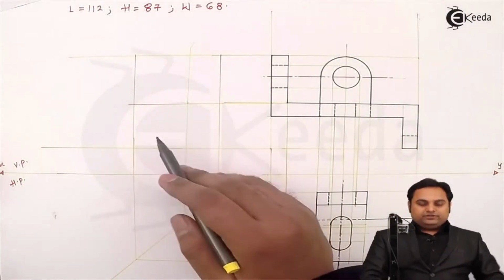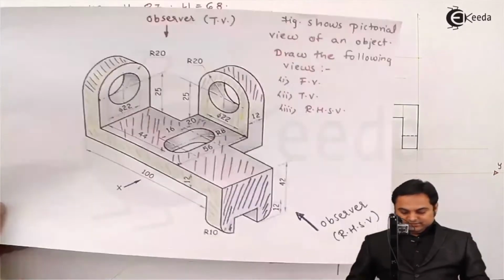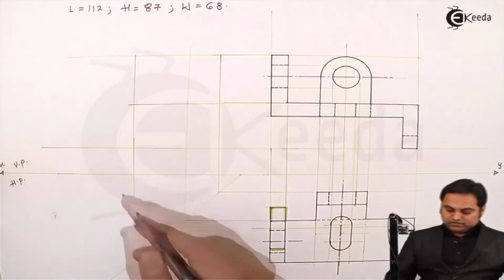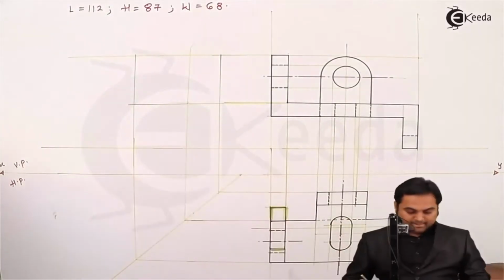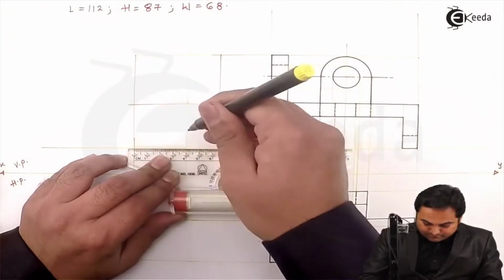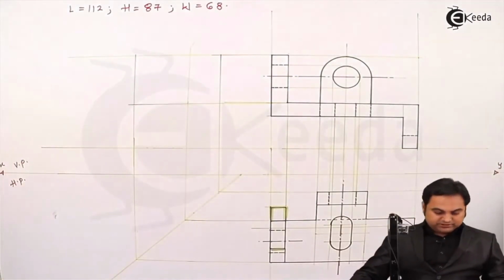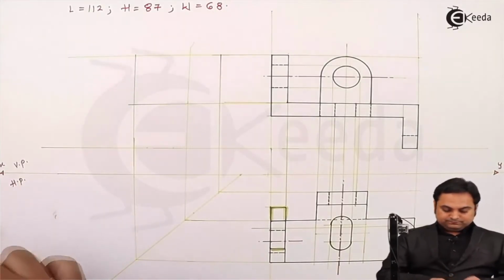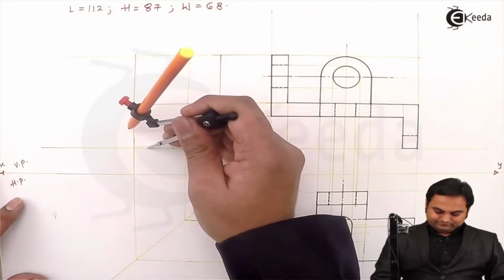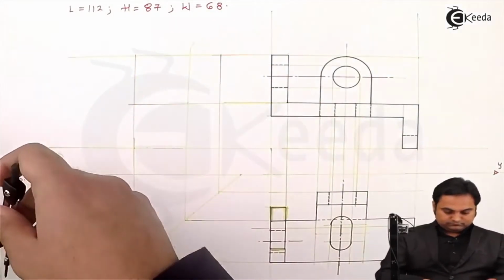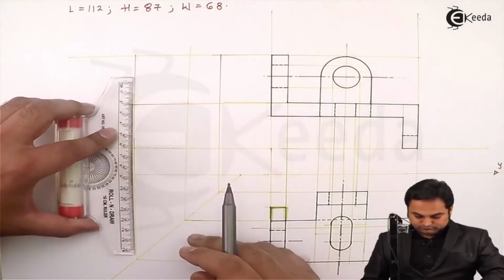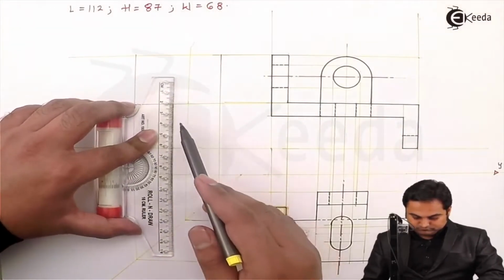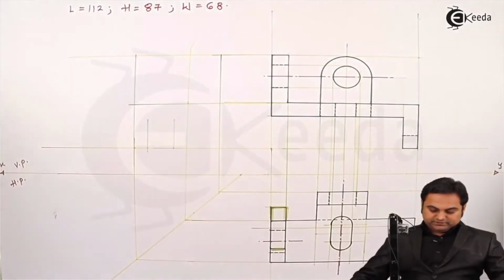Now here I have to draw that surface, and as I can see, from both sides it has a radius of 10 mm. So I have to draw an arc here, measuring 10 mm on both sides, then taking that distance in the compass. Drawing light lines.